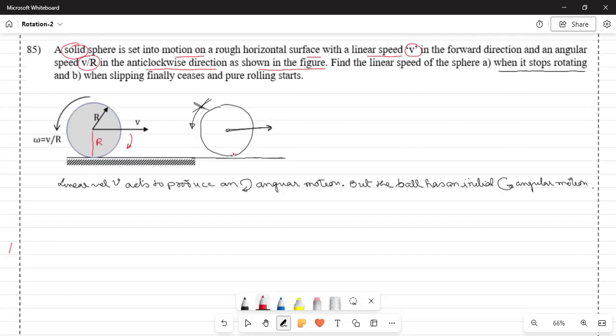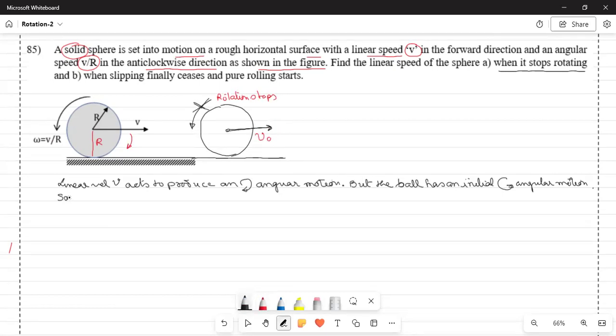So here the rotation stops. And let us say at this moment its velocity is v naught.